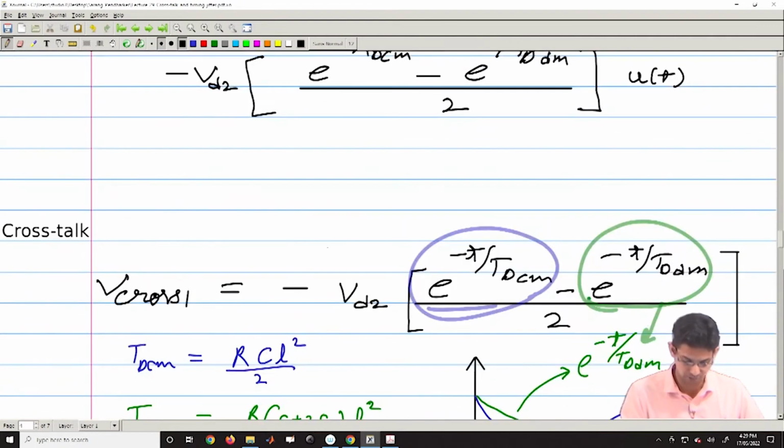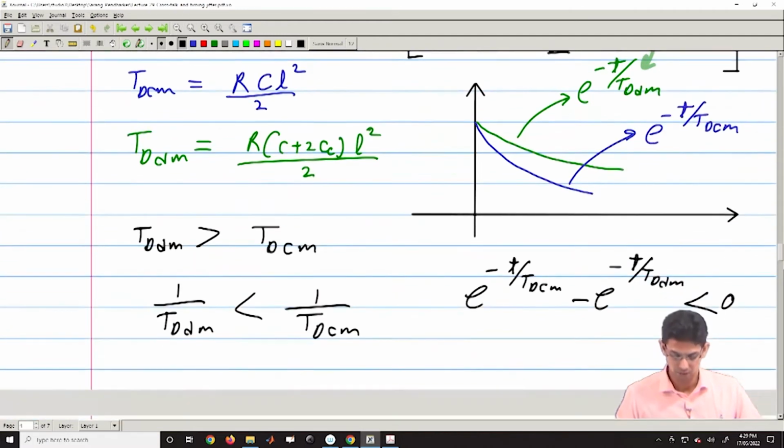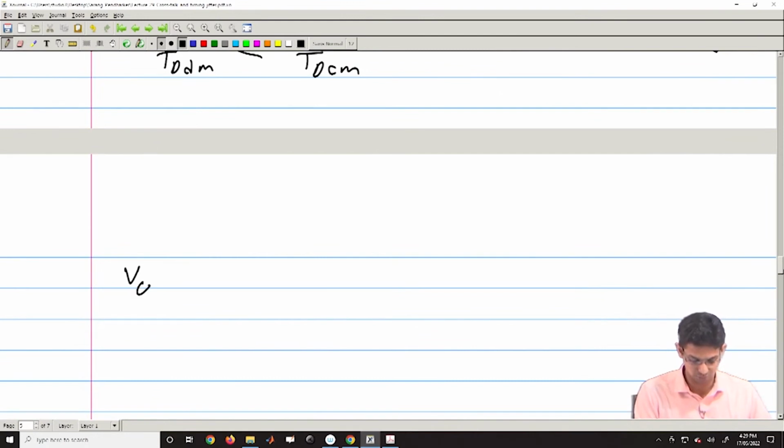So, overall what will happen is that your V cross is positive. Let us look at this in slightly more detail.